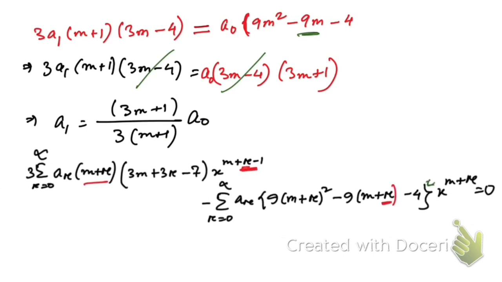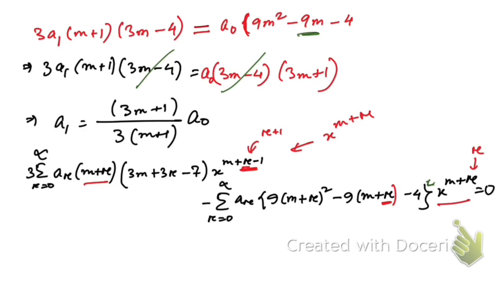Okay, so here's the term. So now you see, what if we replace this r by r plus 1 and we replace this r by r only? Then here you're going to have x to the power m plus r, and this remains x to the power m plus r, right? That's what we're going to do.